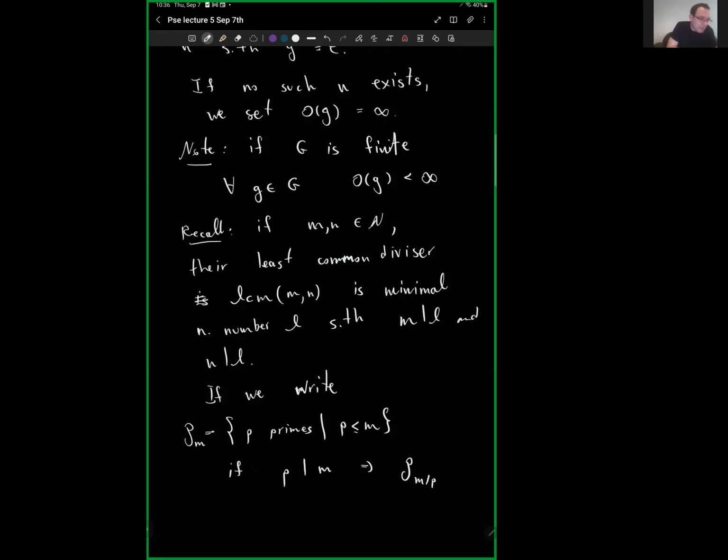And by this inductive process, you will express m as a product of primes, but there could be some repetition.